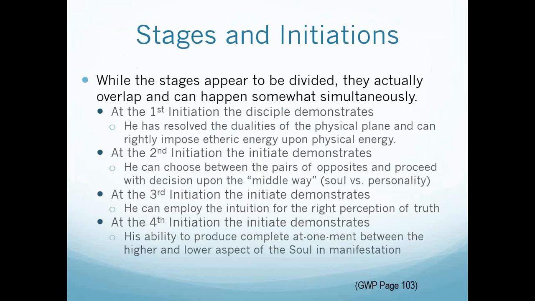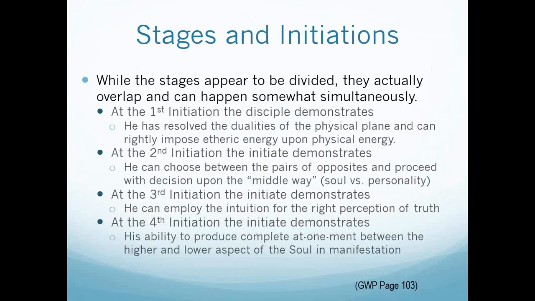At the first initiation, the disciple demonstrates that he has resolved the dualities of the physical plane and can rightly impose etheric energy, which is the higher of the two, upon the physical energy. At the second initiation, the initiate demonstrates that he can choose between the pairs of opposites and proceed with decision upon the middle way.